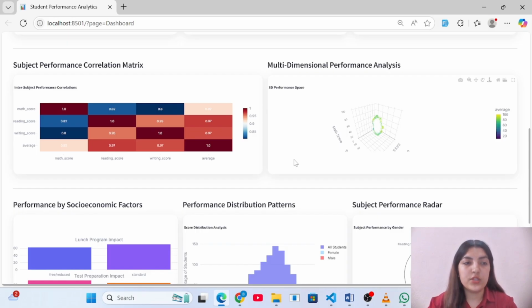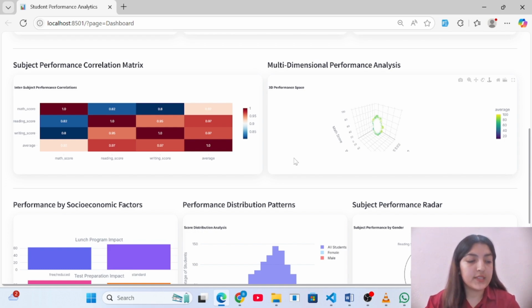We saw the relationship between the different scores, such as math, reading, and writing, compared with the average. The reading and writing score correlation is 0.95, which is a strong correlation, which means that students who read well also write well.